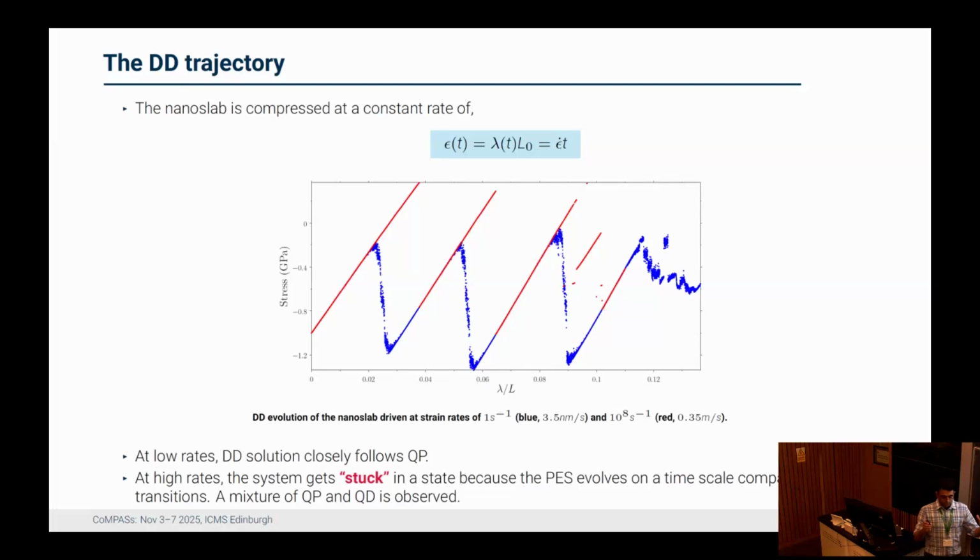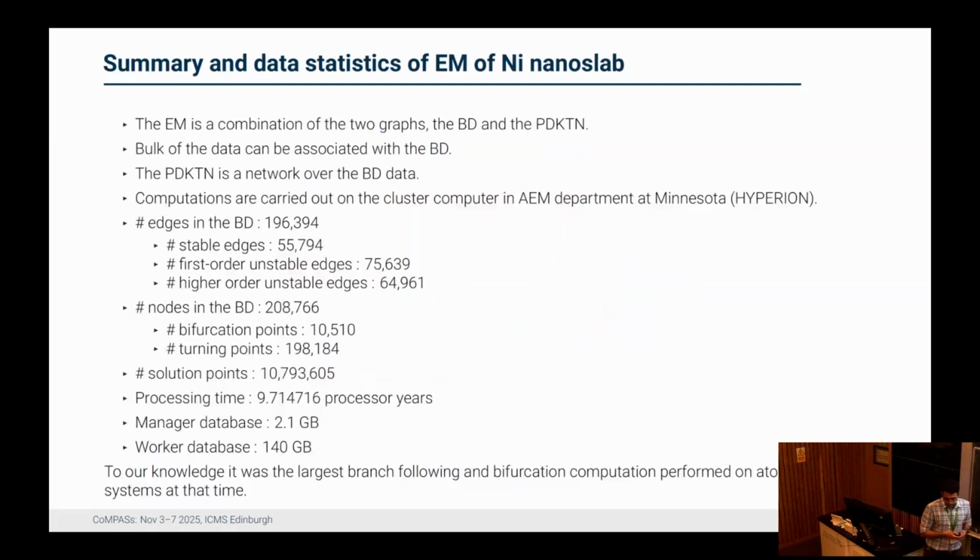Essentially, the system samples more region, and it can make transitions as the energy surface is evolving. But if you see the red ones, it is actually frozen, stuck in a particular state. And finally, these are some of the statistics of this equilibrium map.